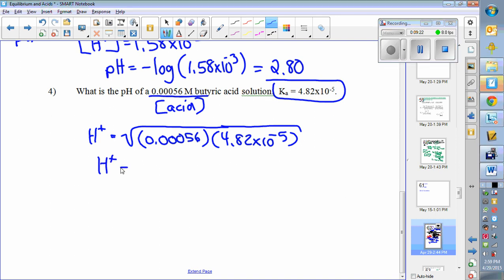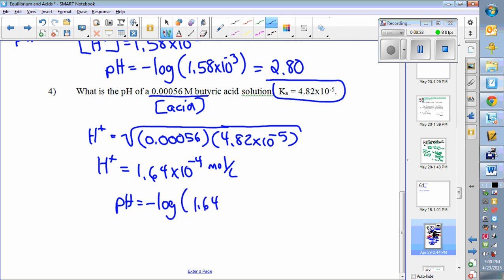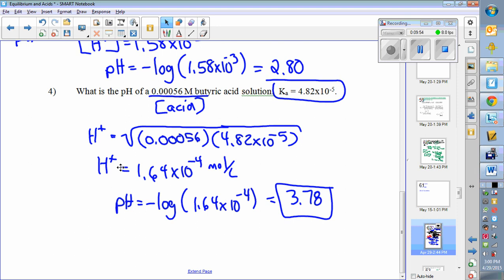After you take the square root, you get 1.64 times 10 to the negative 4 in terms of a concentration of moles per liter. And then getting the pH, take the negative logarithm of that number. So negative log answer gives 3.78. Okay, so still a fairly strong acid at those concentrations.